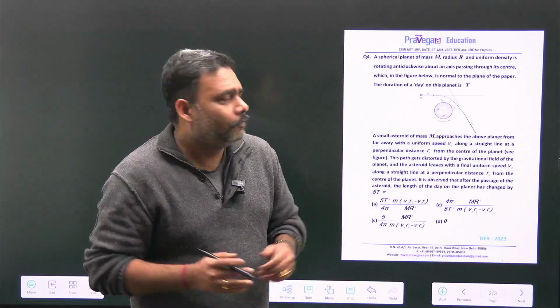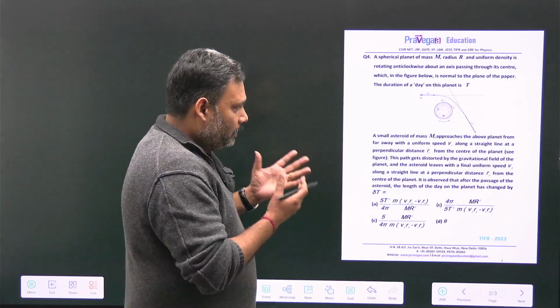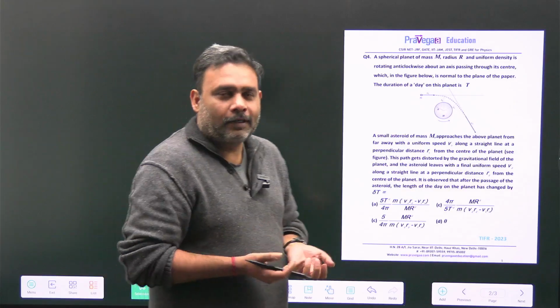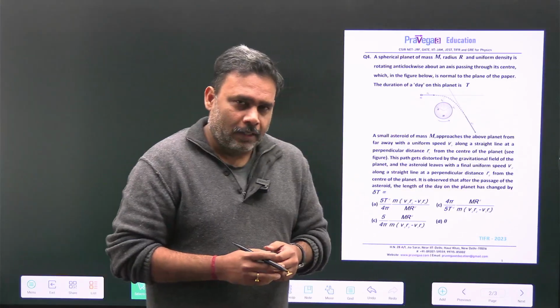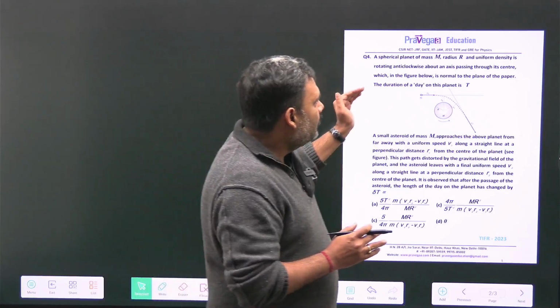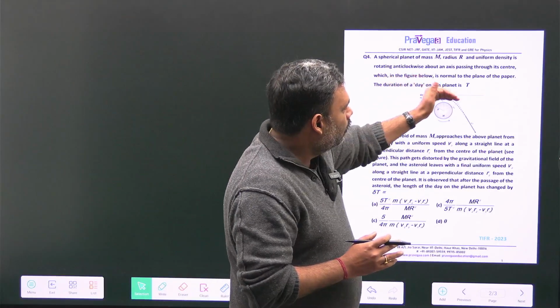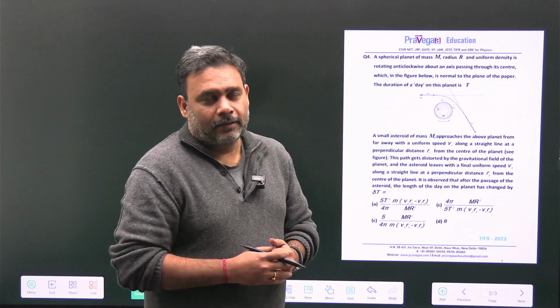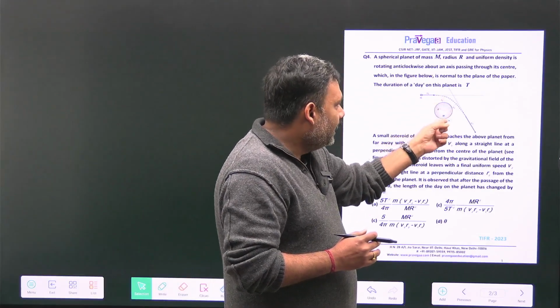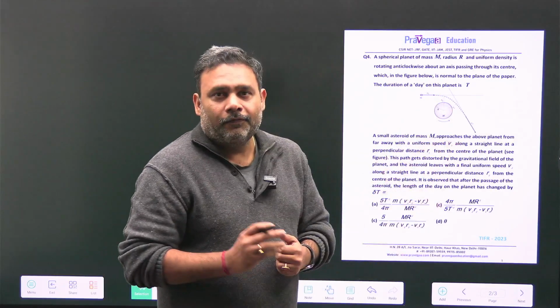Wonderful problem. This problem really looks very tough, but it is not tough. It is very conceptual. When this asteroid crosses the Earth, the planet will change its time period of spinning.